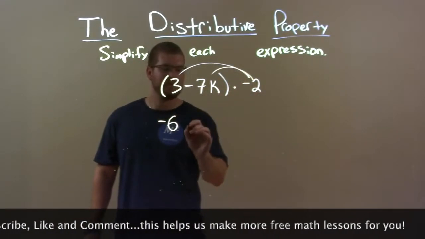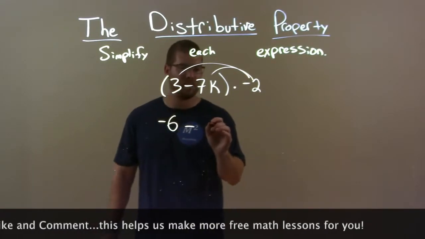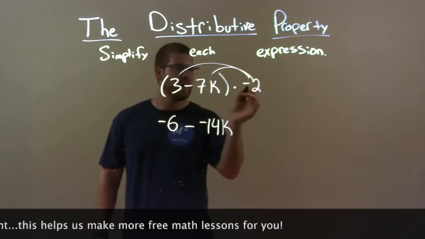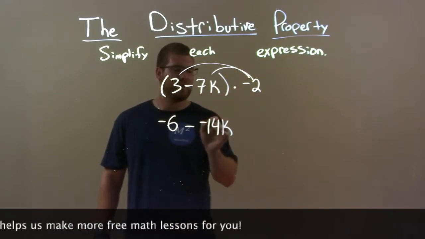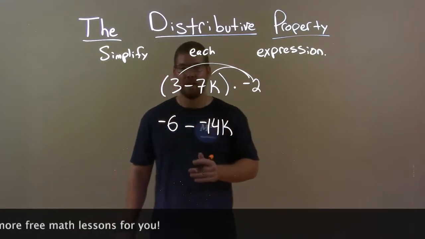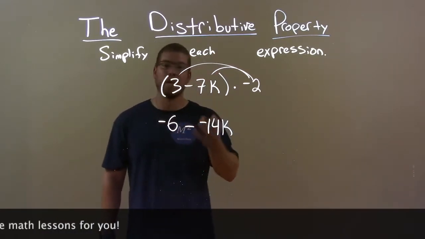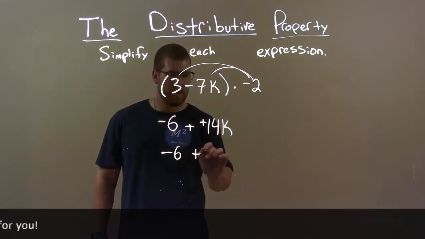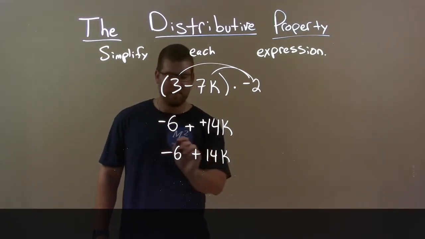And negative 2 times 7k is negative 14k. Now be careful here, right? Negative 2 times 7 is a negative 14, but we have subtraction right there. So now we are subtracting a negative, which we all know is the same thing as adding a positive. So let's do that. Plus a positive, so negative 6 plus 14k, and that is my final answer.